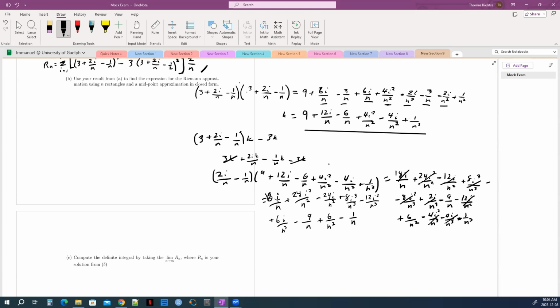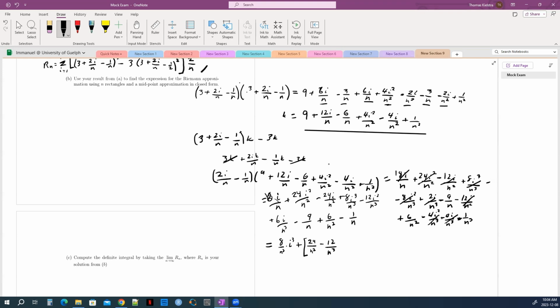And then the next stage is that we're going to collect by common i's. So if we look here, we've got i cubed. The only thing we have multiplied by i cubed is 8 over n cubed times our i cubed. Plus, and now we have a bunch of things times i squared. We have 24 over n squared minus 12 over n cubed.